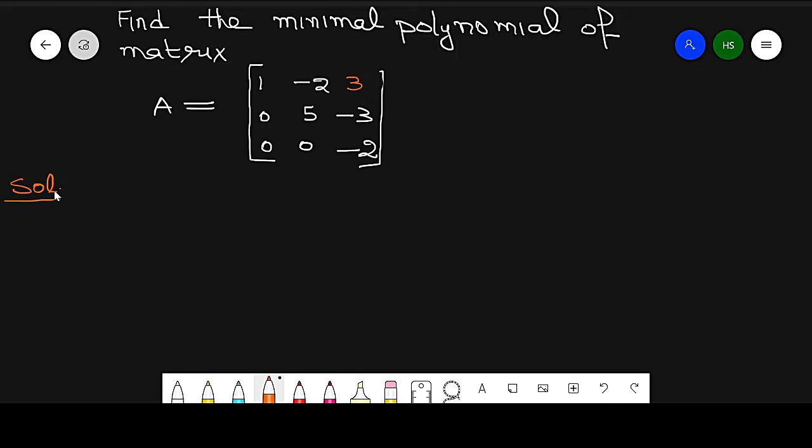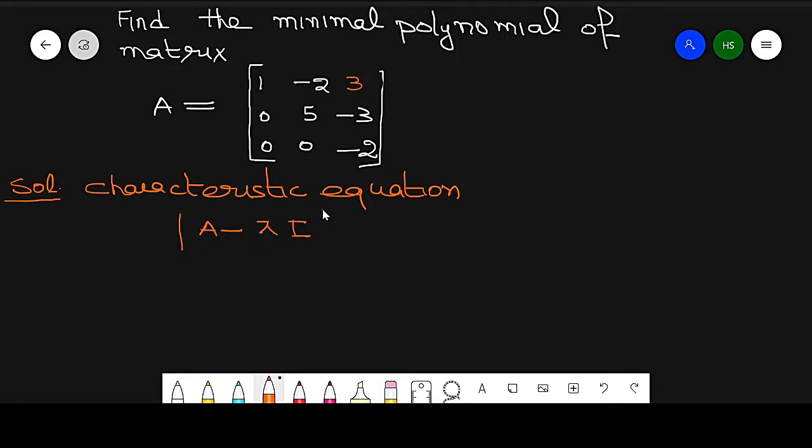Now this is a matrix, so what is the characteristic equation? The characteristic equation is the determinant of A minus lambda I equal to 0.